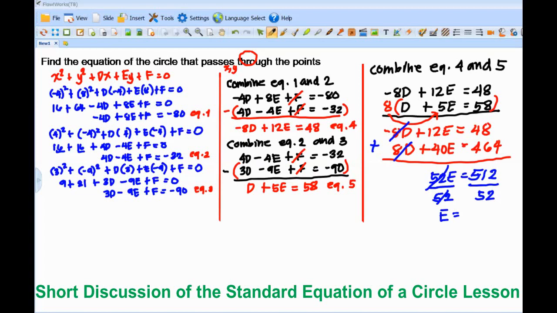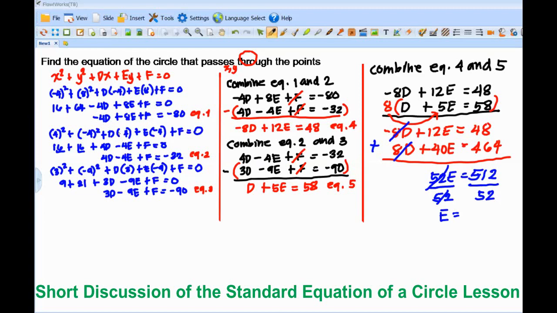No, there is probably a mistake here. So mine is like this: 16, 64. It's 80, right? That's correct. So that is negative 40 and 8. My D is 18, sir. Yeah, so what about your E? 72, right?